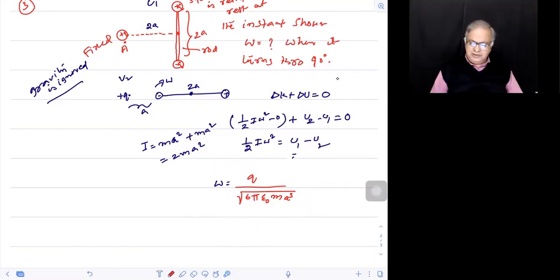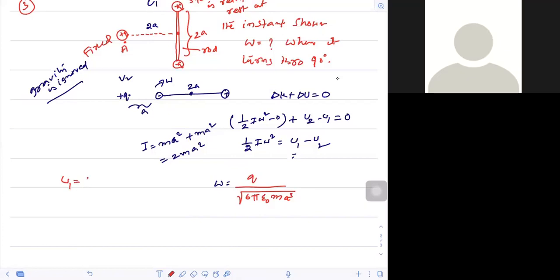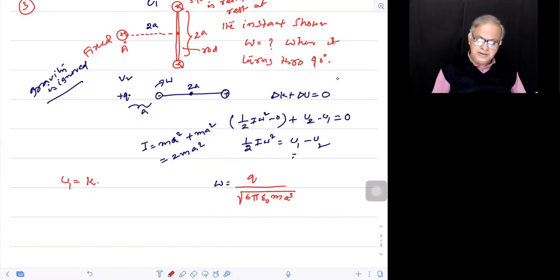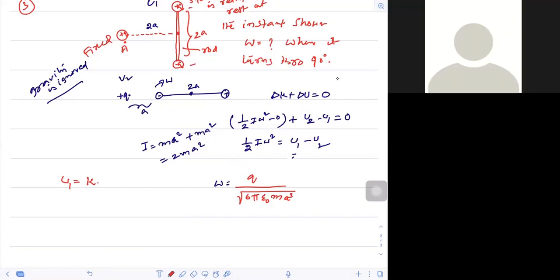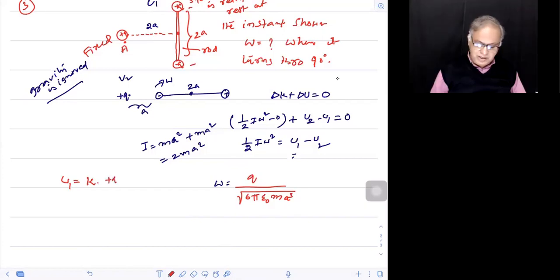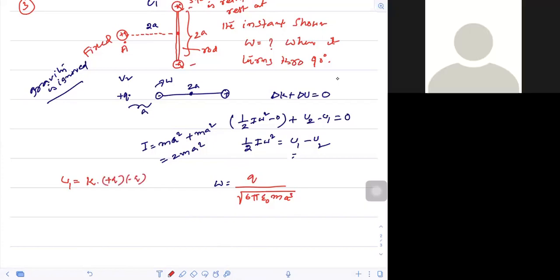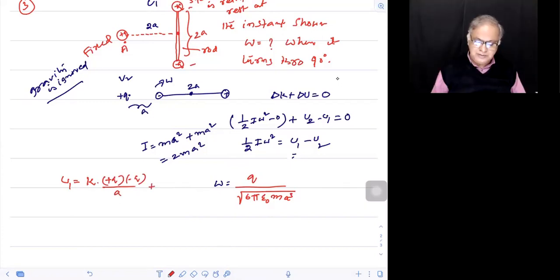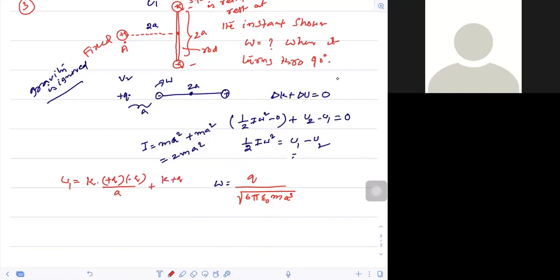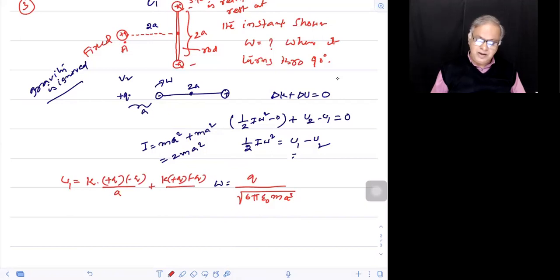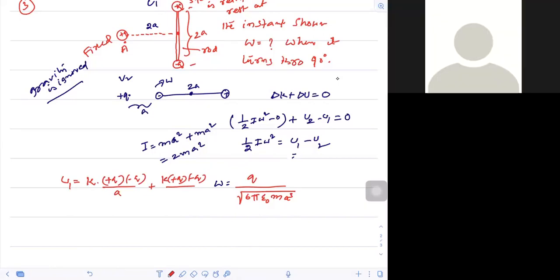Come on, Shriya, tell me U1 will be how much? Sir, K, but KQQ by 2A. Which one? This one? QQ by A. But you should say this with minus and plus signs whenever you write potential energy. Yes, sir. Plus K plus Q by minus Q by root 2A. Which distance root?